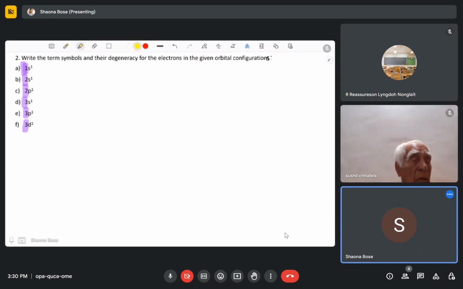And what is that superscript 1? No, this one just means that there is just one electron. Okay, this is the orbital configuration. Mind that.